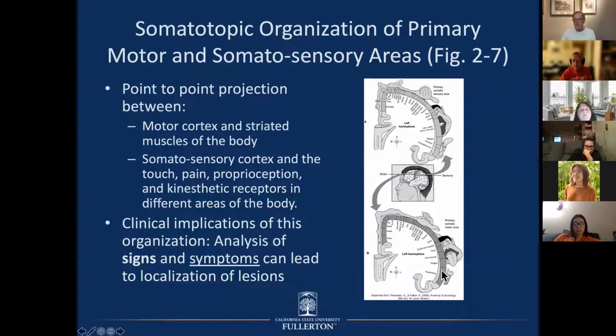So precentral gyrus, this is postcentral gyrus, and you can see the homunculi are the same. But this is motor, so it's a coronal section right through the precentral gyrus, the motor strip, Brodmann's area 4. There's 3 names for it. And here's the face area out on the side.